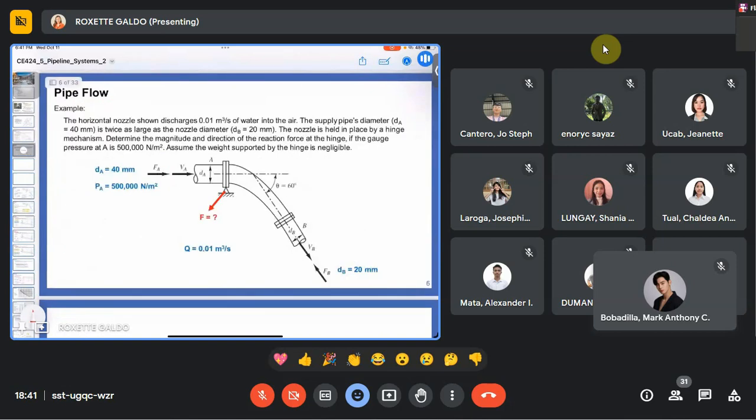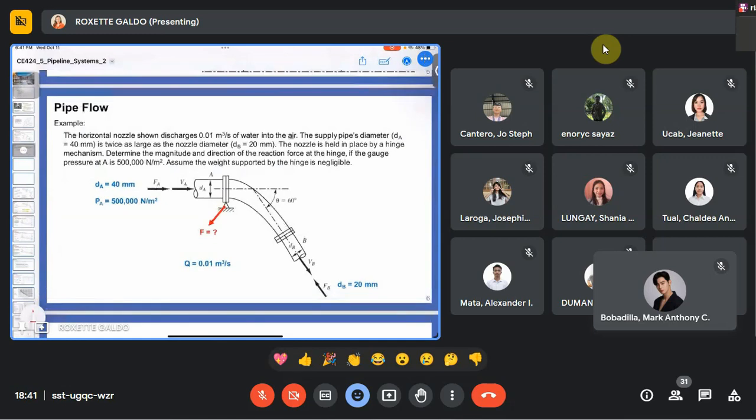So we have here the horizontal nozzle shown in this figure discharges 0.01 cubic meter per second of water into the air. Notice the word air here, and Q is 0.01 as stipulated in the problem.